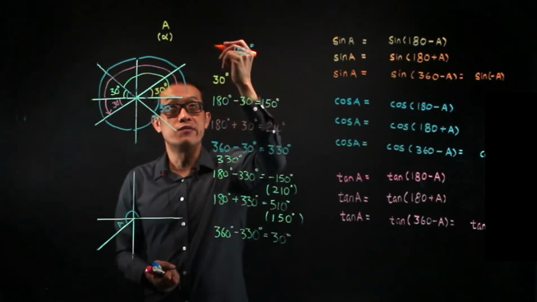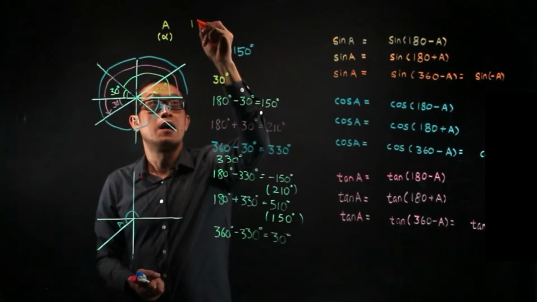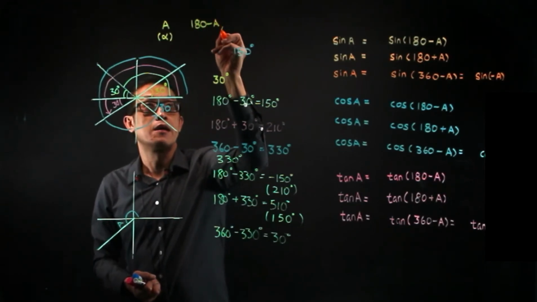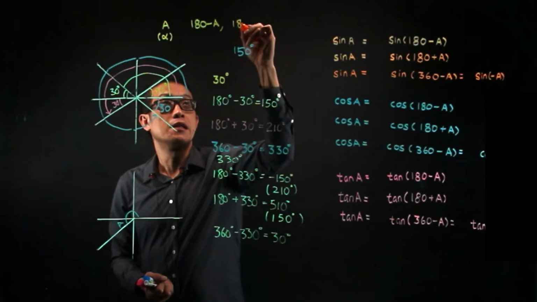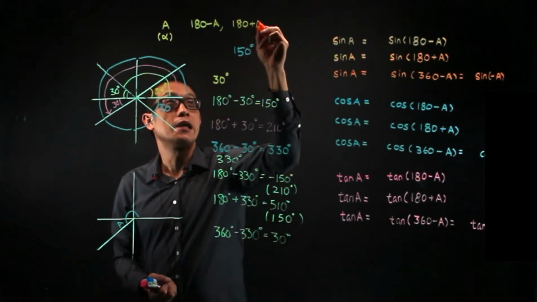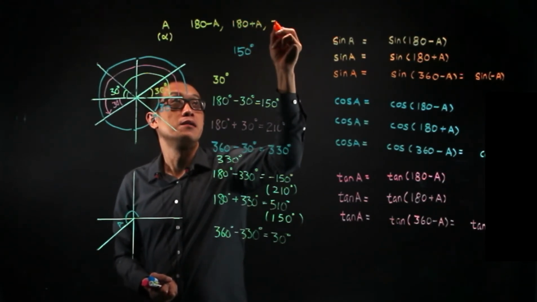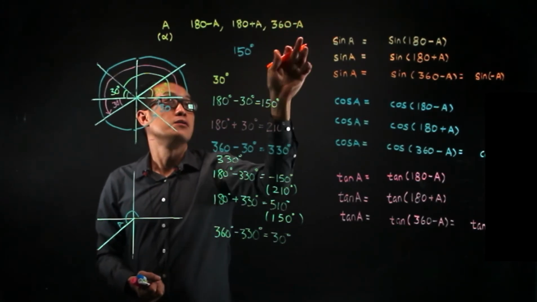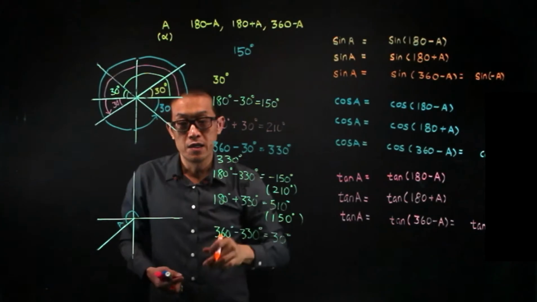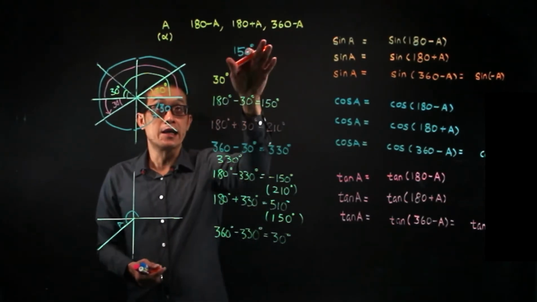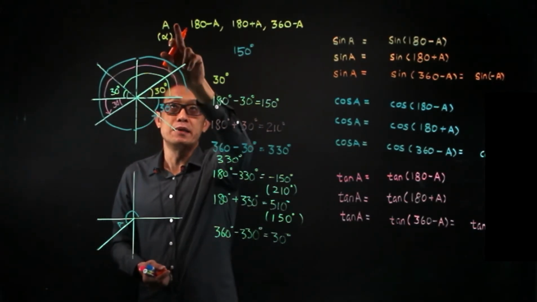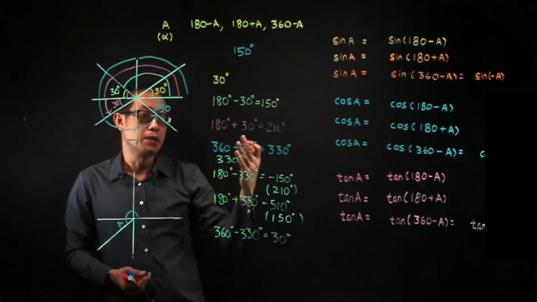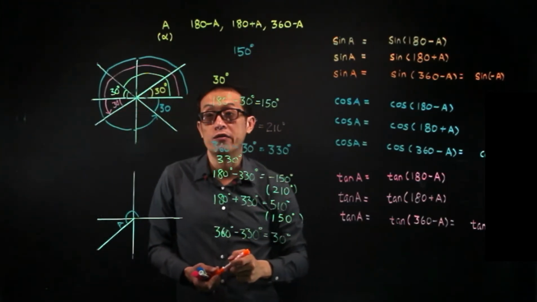You find that the angles are 180 minus A, 180 plus A, and 360 minus A. So all these will have the same basic angle that A has. If A has a basic angle of alpha, all these angles will also have a basic angle of alpha.